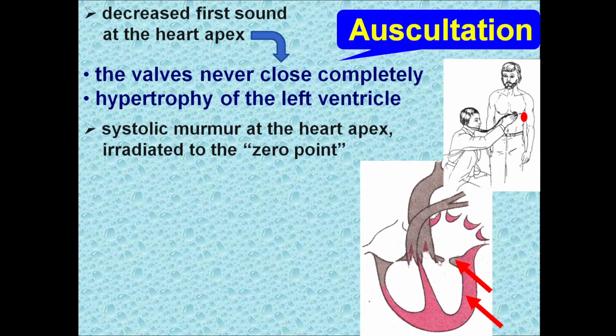The murmur is organic because of the anatomic heart defect, and it's irradiated to the axilla, fifth interspace along the mid-axillary line. If you remember, irradiation of a murmur is characteristic only for organic heart murmurs, which helps differentiate them from functional.